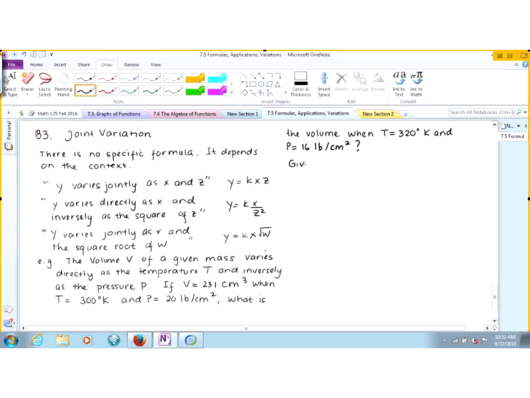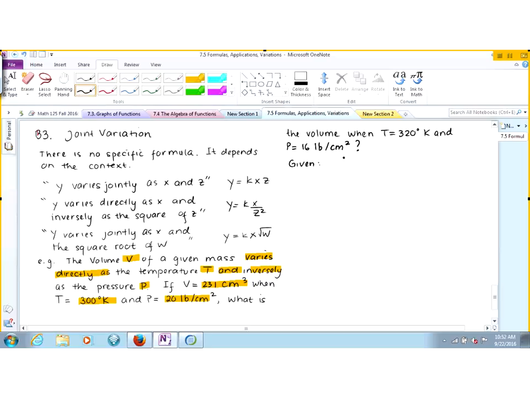Okay. So when I read this, let me wait for you till you finish writing the problem. When I read this, I will do something. So V, what about the variation? That is directly as T and inversely as P. And then you have this number, this number, this number. Right? That's what is given.